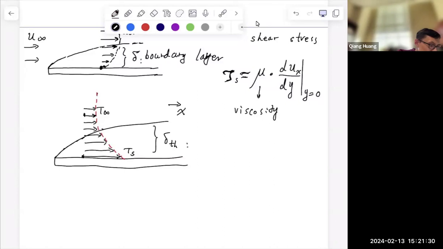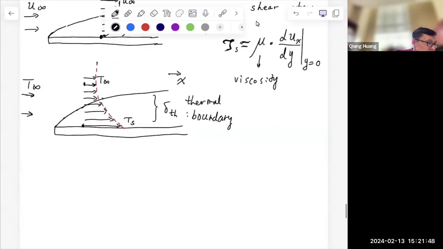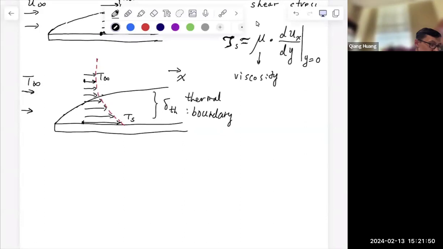So it's a thermal boundary layer. And then, of course, if you look at the temperature, it would be T infinity.